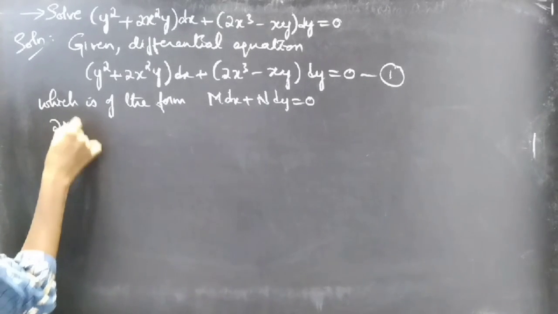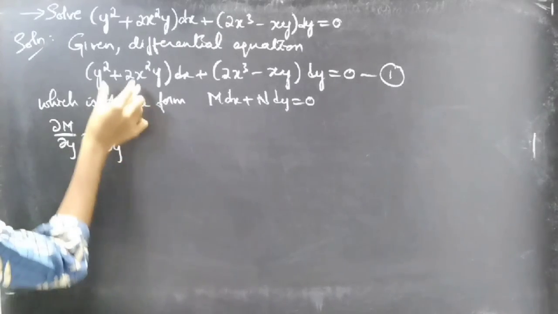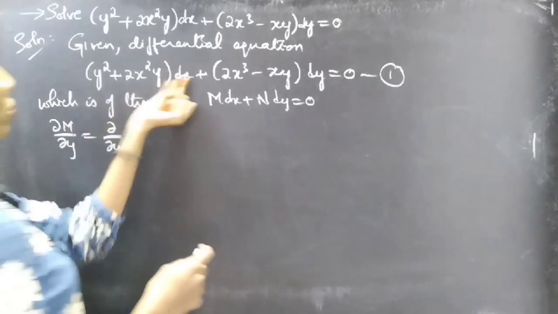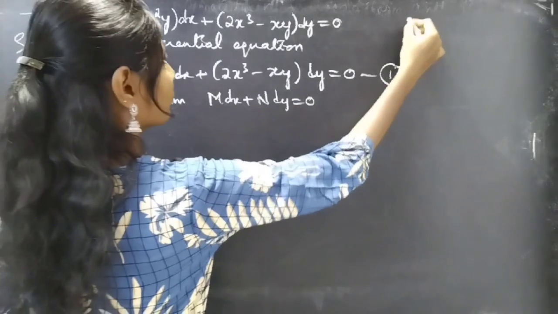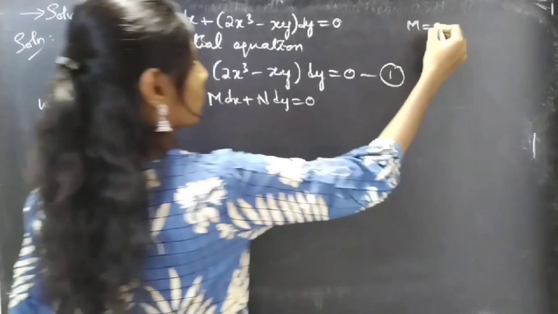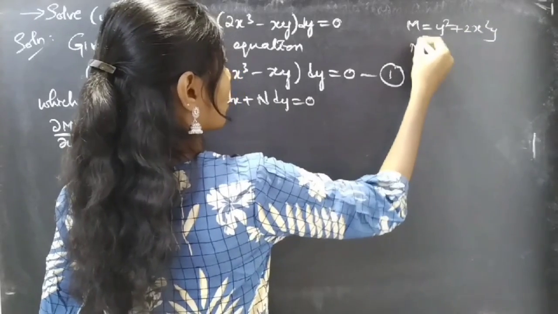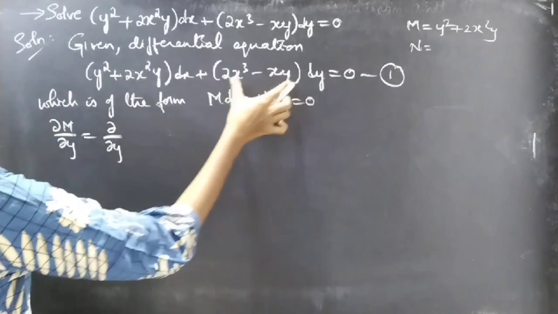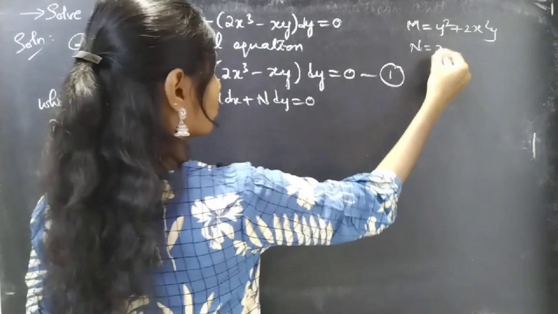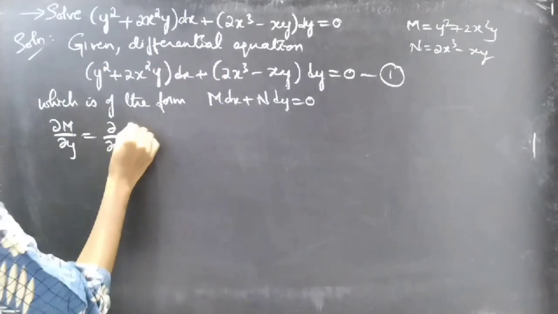I'll begin with the partial derivative of M with respect to y. Here M is the coefficient of dx, that is y² + 2x²y, and N is the coefficient of dy, that is 2x³ - xy.